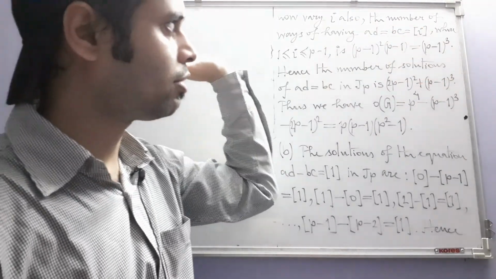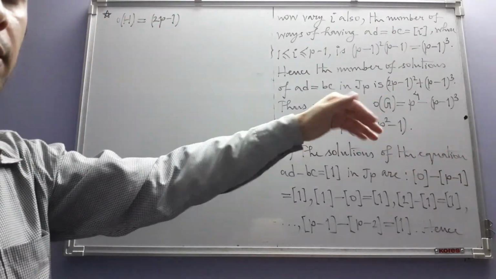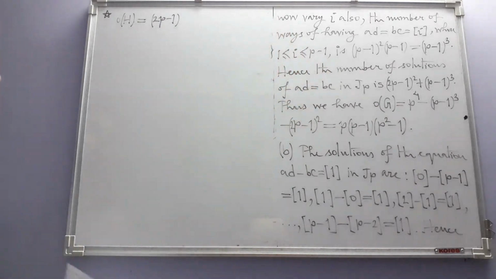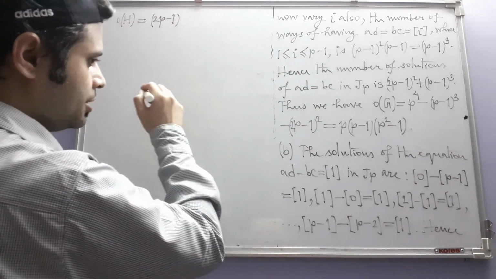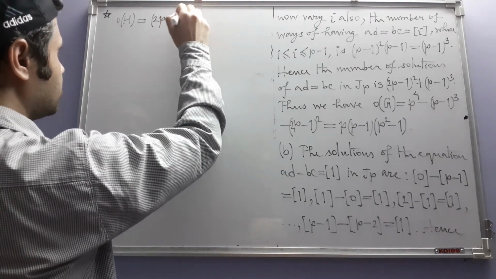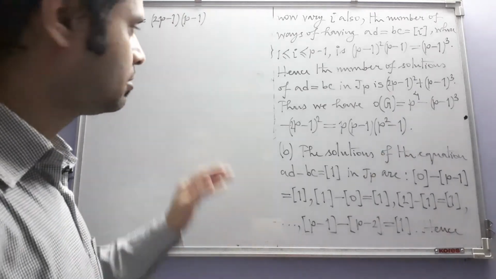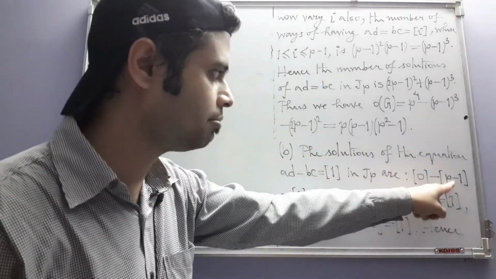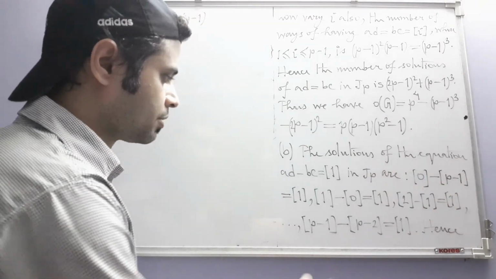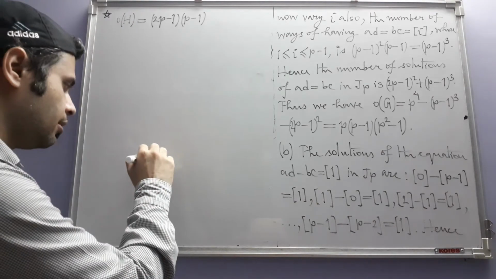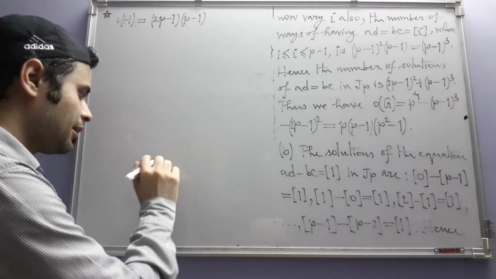That was for all the variations of I, where I was a non-zero integer between 1 and p minus 1. So this times p minus 1. So this is the number of ways we can have AD equal to 0 and BC equal to p minus 1. We can have AD equal to 1 again in p minus 1 ways.